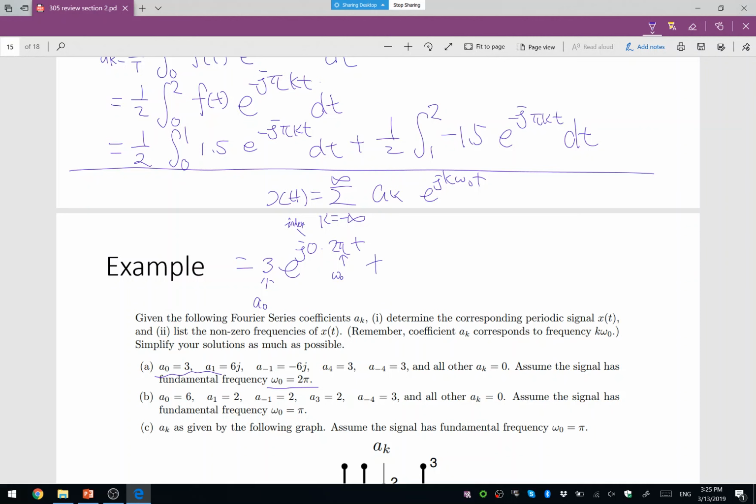And then plus next thing is 6j e to the power of j 2 pi times 1, 2 pi times minus 1, so minus t.